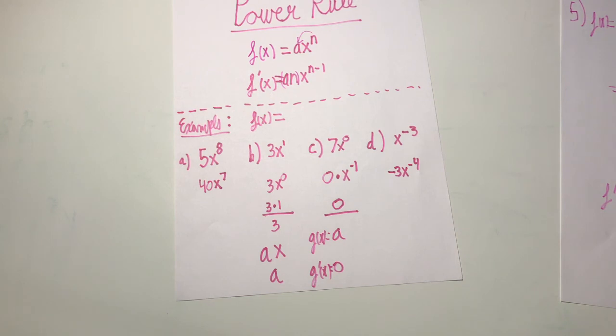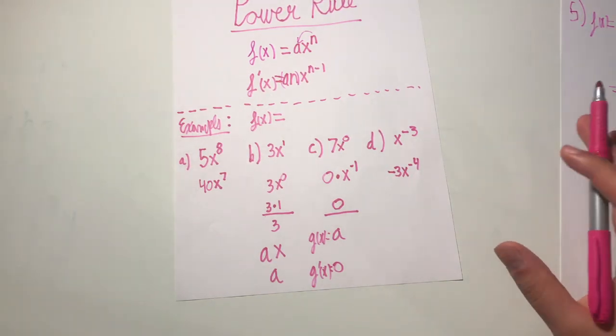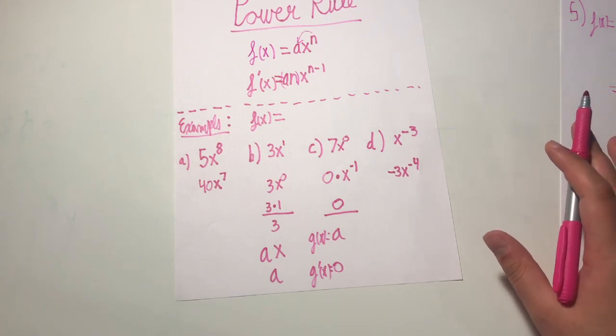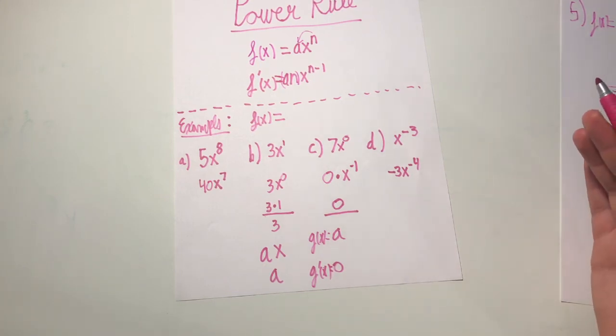And also, the derivative of any constant is 0. The derivative of 5 is just 0. The derivative of 100 is just 0. The derivative of negative 4003 over 2 is just 0.